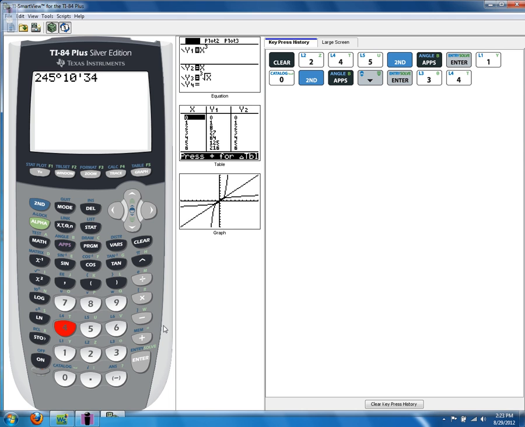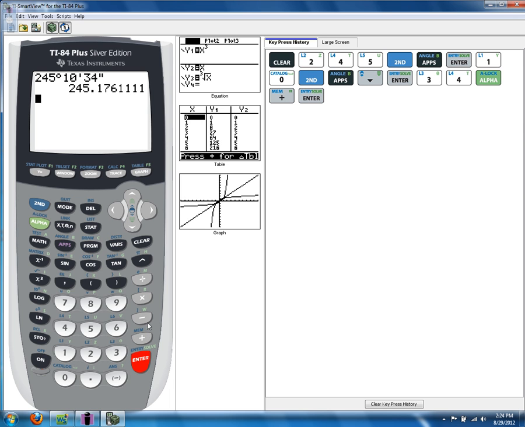34. Our seconds are right here next to the memory in the plus button. So I'm going to do that one. 245 degrees, 10 minutes, 34 seconds. And I hit enter. And I get 245.176. I hit the alpha to get the little green seconds.